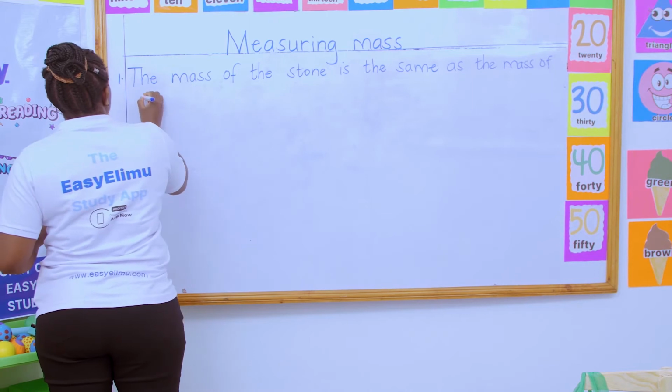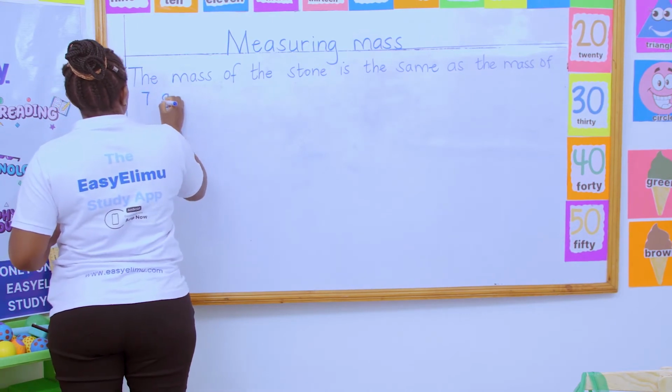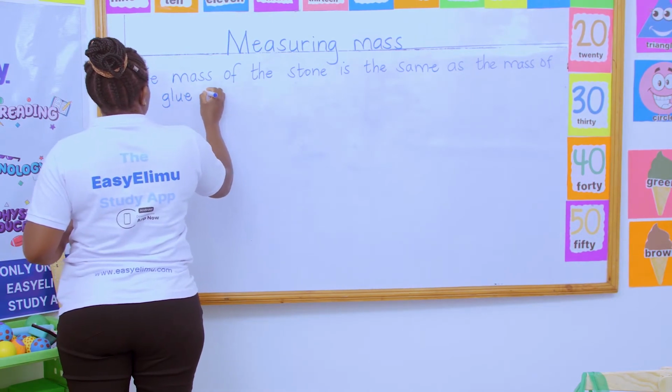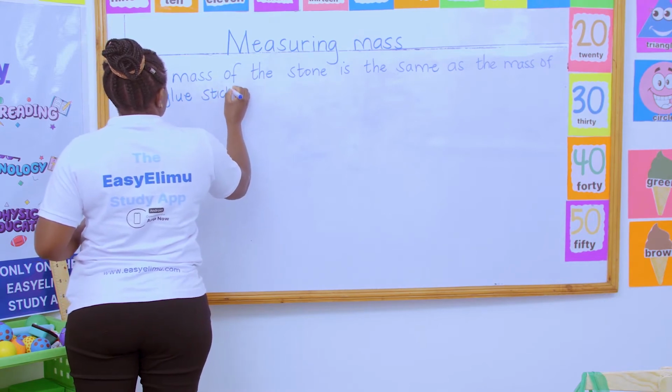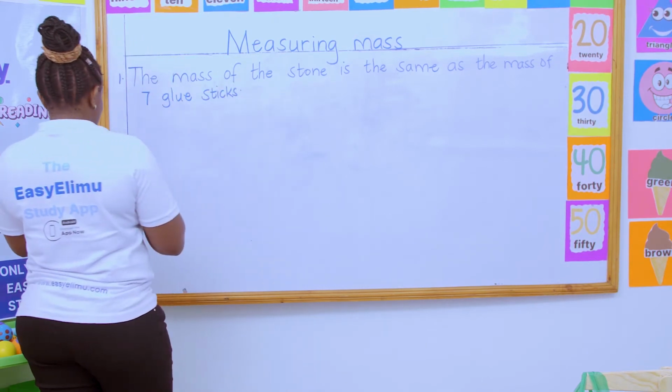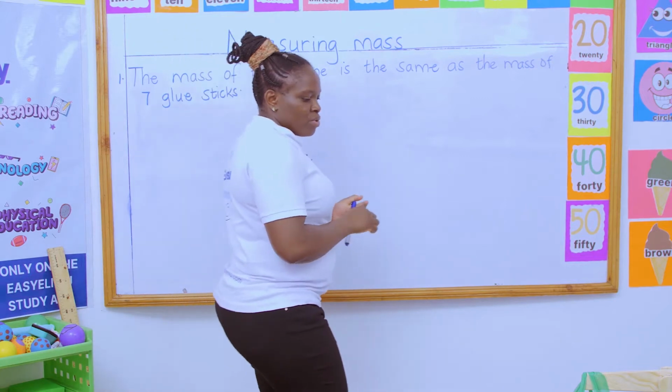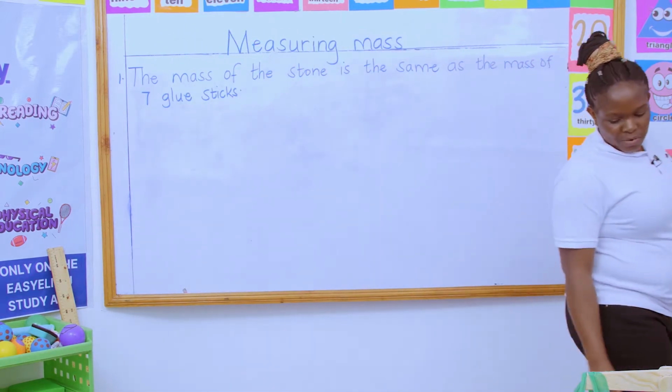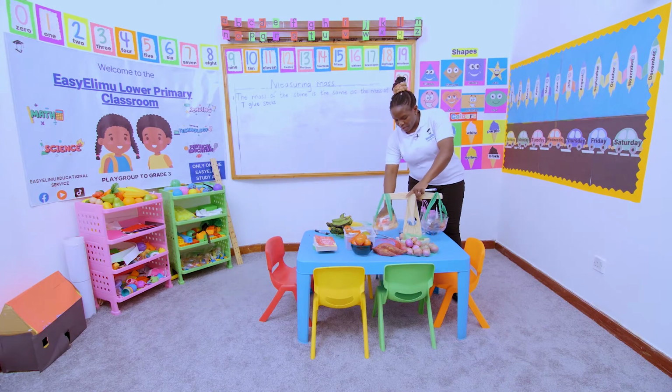How many were they? 7 glue sticks. The mass of the stone is the same as the mass of how many glue sticks? 7 glue sticks.